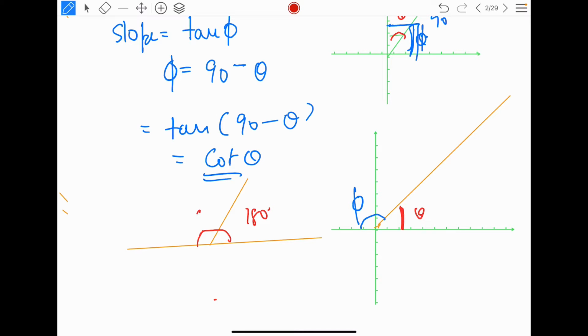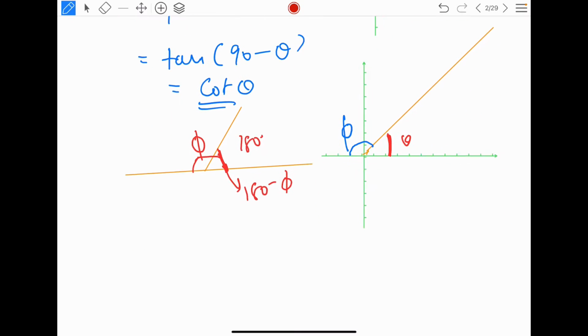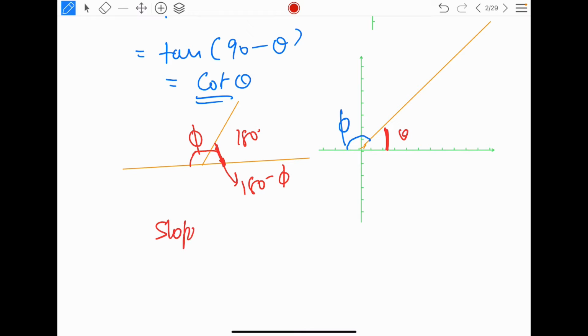So if my phi is here, what will theta be? This will be 180 minus phi. So the slope in this case is tan theta, which is tan(180 minus phi). That's your answer, whatever this comes out to be.